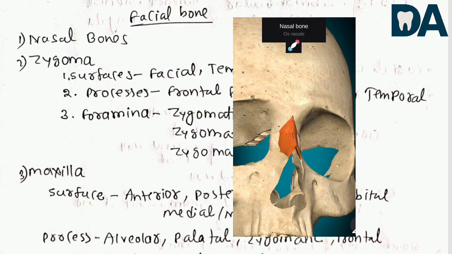Nasal bones protect the nares and support the paired cartilaginous plates, which are a part of the nasal framework.